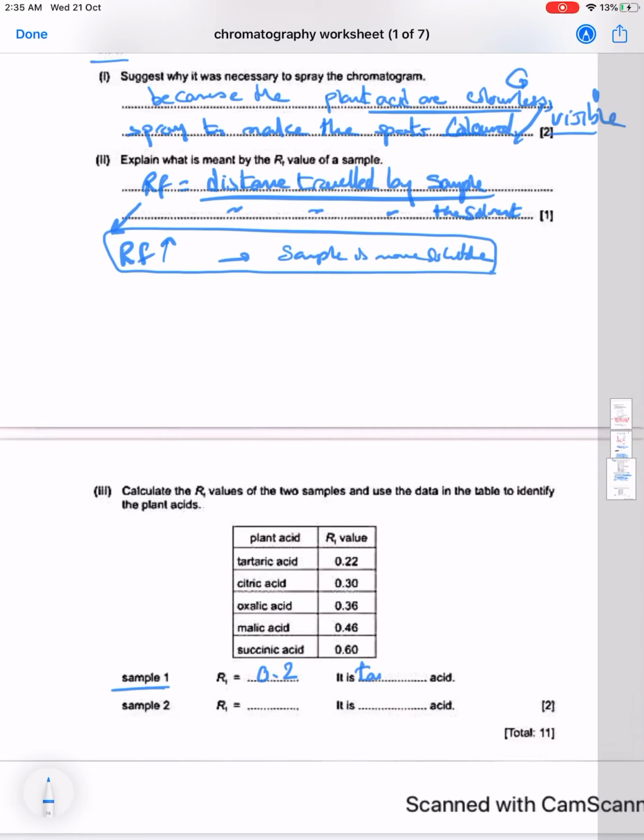So I would say this is tartaric acid. Then sample 2, after measuring the distance traveled by sample 2 over the distance traveled by the solvent, you will find it is 0.44, which gives me malic acid, or very close to the RF value in the data book for malic acid. So here I identified the samples using the RF value in the data book.